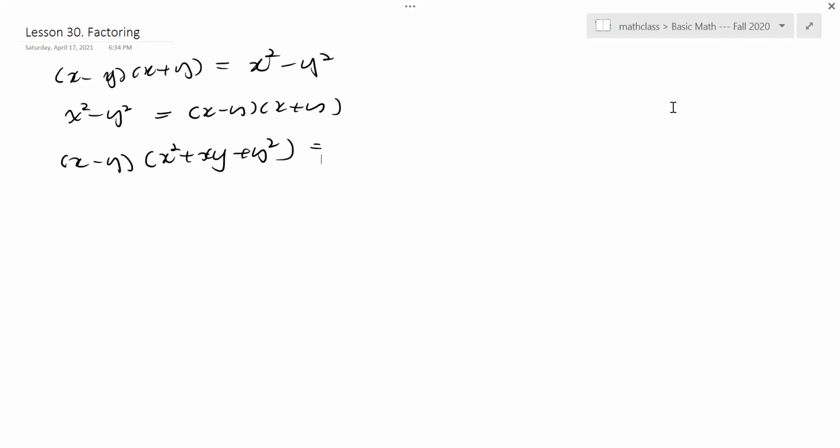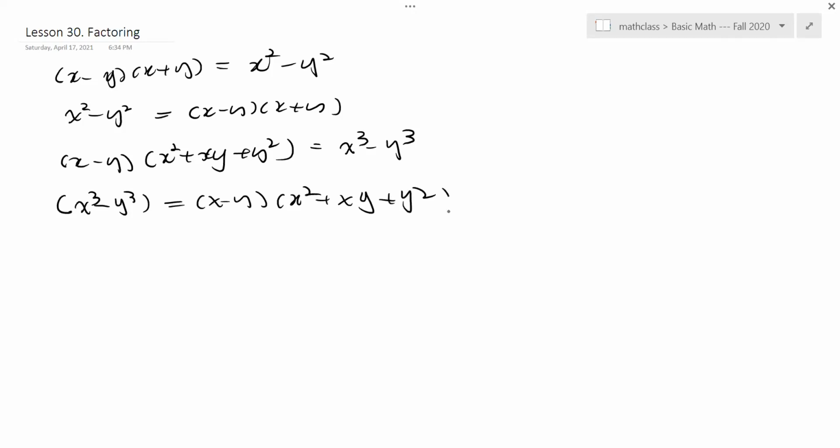Right, so there should be only two terms left. Great, Rebecca got the answer: x cubed minus y cubed. So next time when you see x cubed minus y cubed, you should be able to factor it into a product of those two factors.